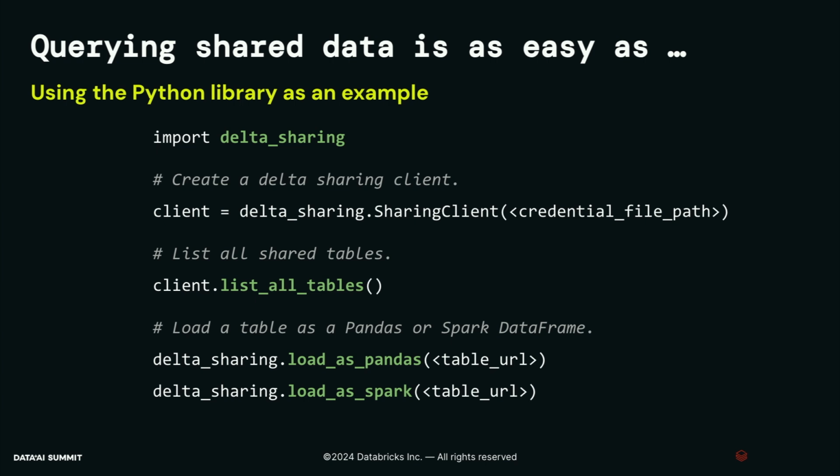And lastly, you can load any table, either as a Pandas data frame or Spark data frame, depending on what compute platform you're using. So that way, you can maybe join it with your other data or do whatever you want. So anywhere you can run Python, you can query shared data.